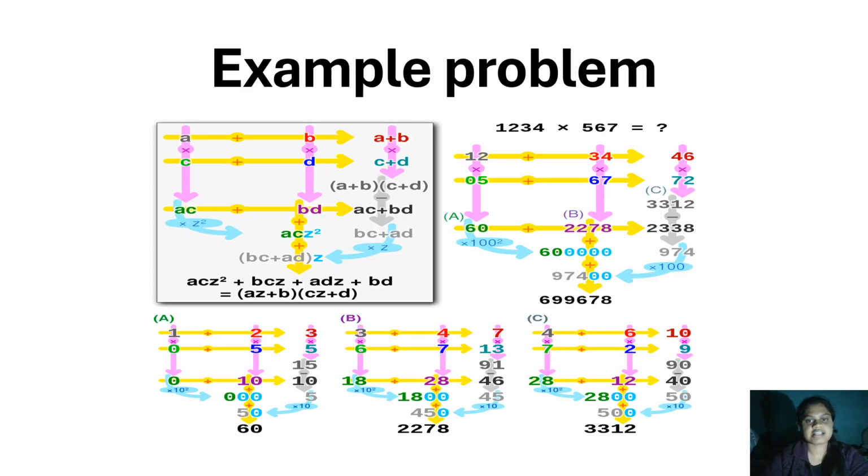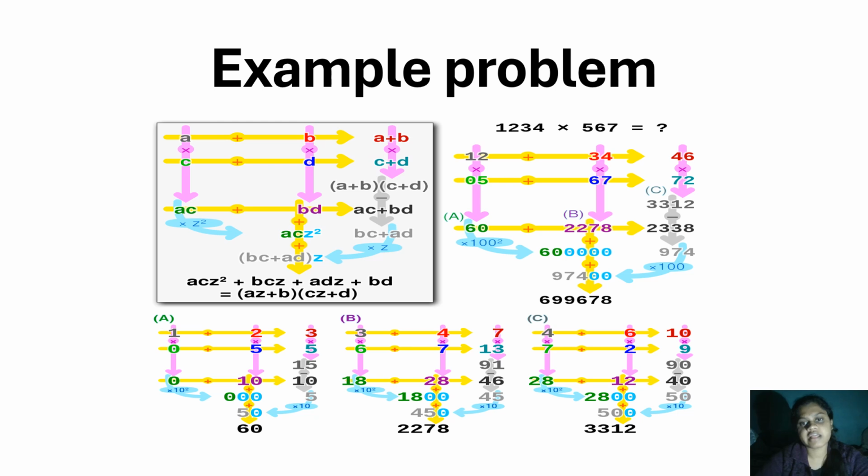Let us see the example. So this is the example for 4 digits, and there is also a combination of 4-digit and 3-digit numbers. You may get the question of how it is possible if the digits of the two numbers vary.